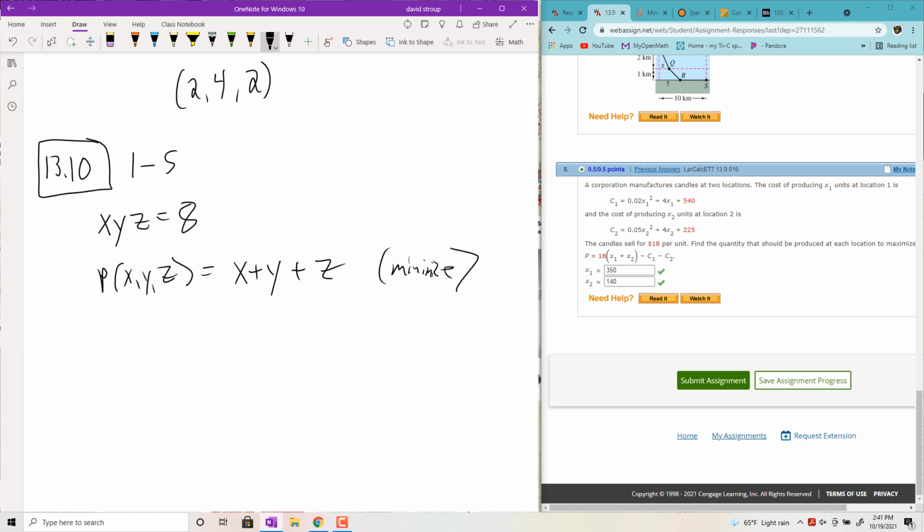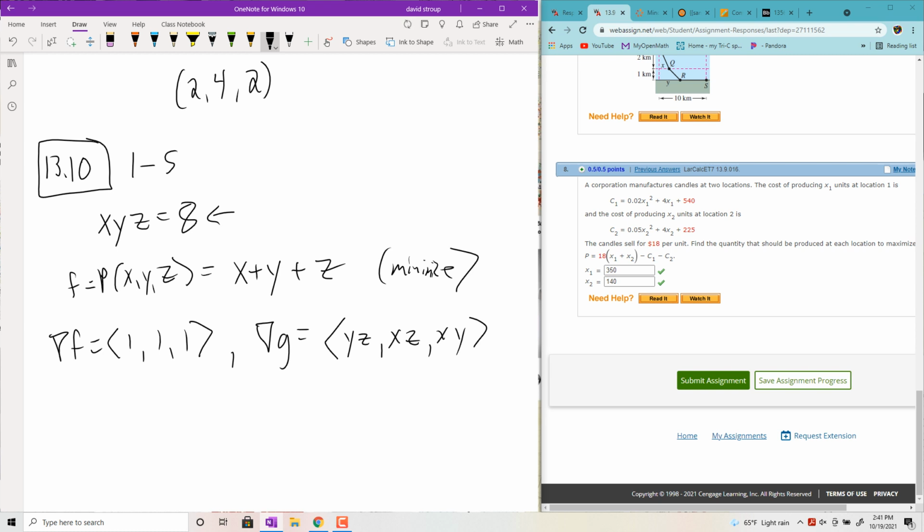Minimize. Okay. So you need the gradient. So the gradient of f is basically, I'm calling f my p thing here. So that would be 1, 1, 1. And then the gradient of g, the constraint formula, would be yz, xz, and xy.